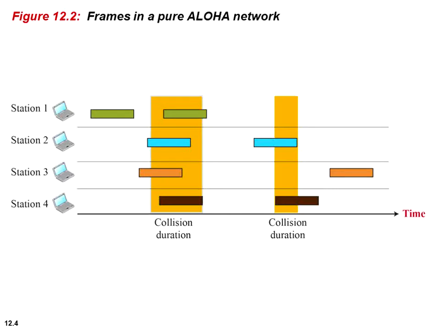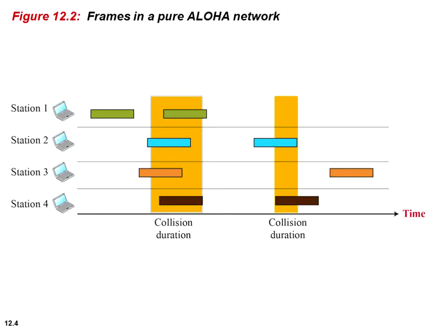Now, this diagram shows you frames in a pure ALOHA network. Before discussing this, let us discuss what we mean by random access and what we mean by ALOHA. In random access, no station is superior to another station and none is assigned control over another.